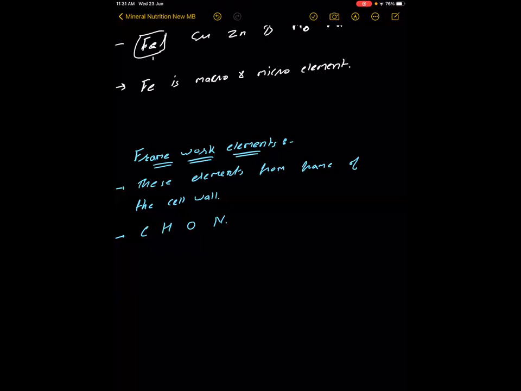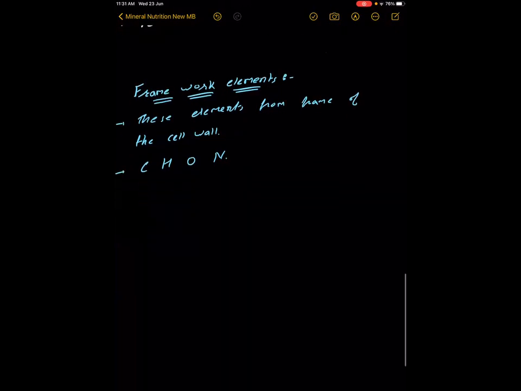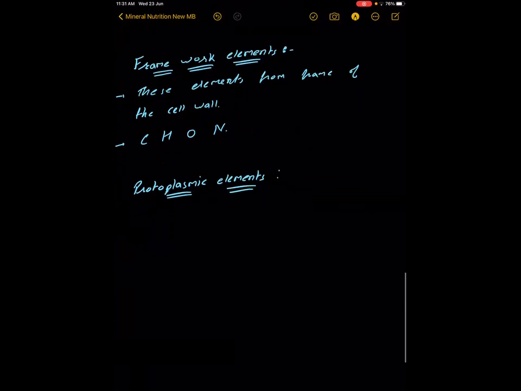Protoplasmic, means inside the cell the protoplasm is present, inside the cell wall. Protoplasmic elements form the protoplasm, the overall cytoplasm, nucleus, and all materials.